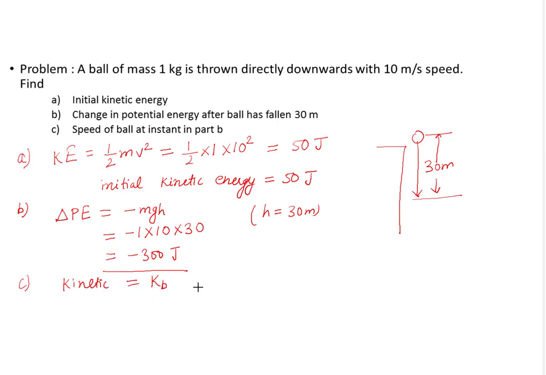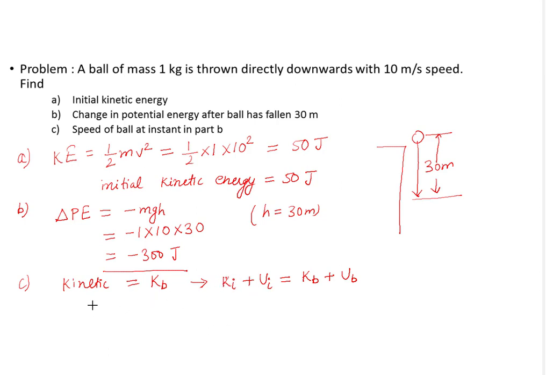So let's use conservation of mechanical energy. According to it, the mechanical energy at the initial position is equal to the mechanical energy at the final position. Initial kinetic energy Ki plus initial potential energy Ui is equal to the kinetic energy at B, Kb, plus the potential energy at B, Ub, correct?